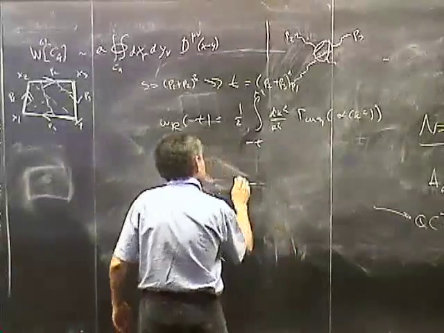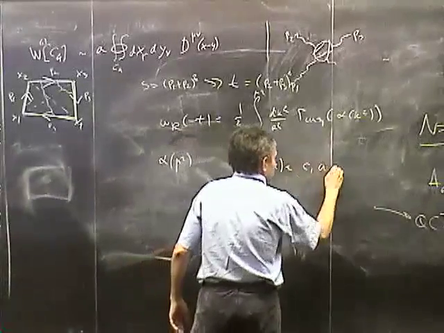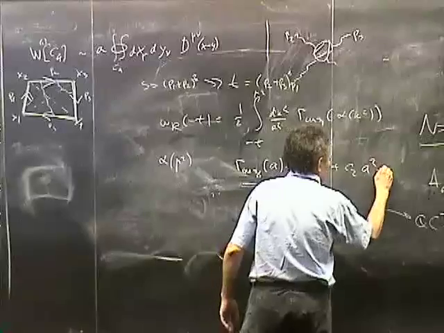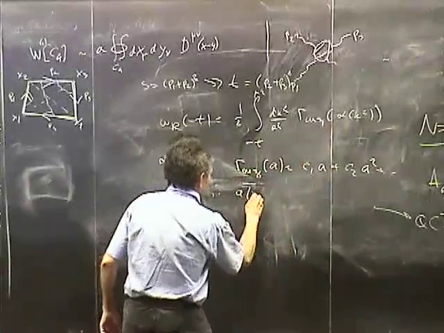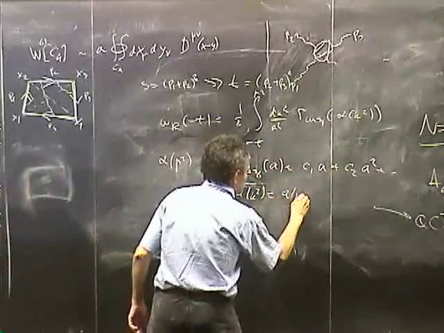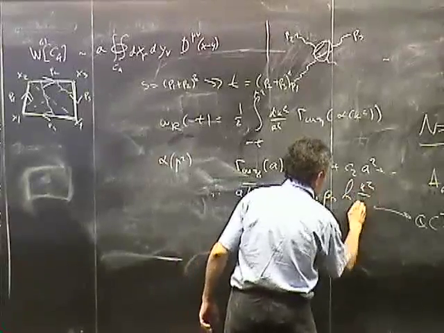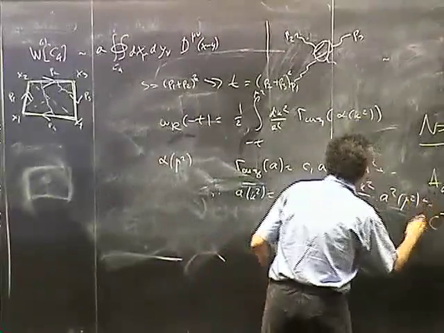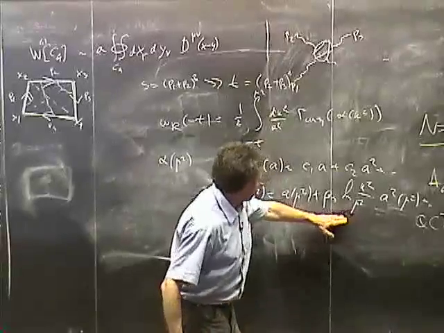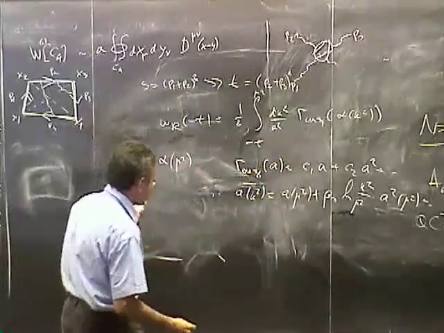So how do you do it? You start from the cusp anomalous dimension, which is given by some expression in QCD at loop level, and then you write the coupling constant at scale k squared in terms of the coupling constant at mu squared, and here the beta function appears explicitly. If you plug in this expansion, you will find that the beta function first appears at two loops as a very special contribution.